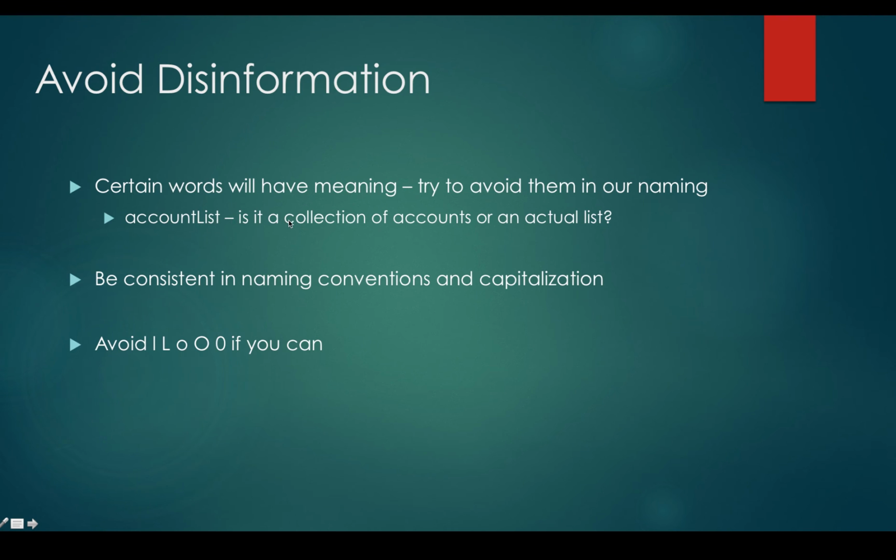Does adding that suffix, that list part of the name, further describe what that object is, providing intentionality behind the naming, or does it add to the confusion because even though you're calling it a list, it's not actually using a list object? So you have to be very careful in the names you use when naming things. Be consistent in conventions, and be consistent in capitalization.